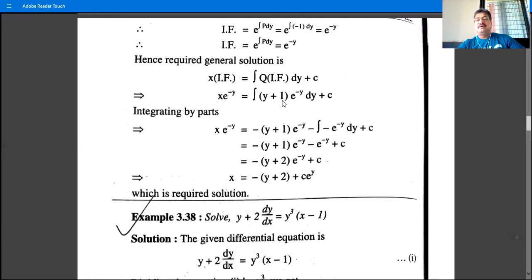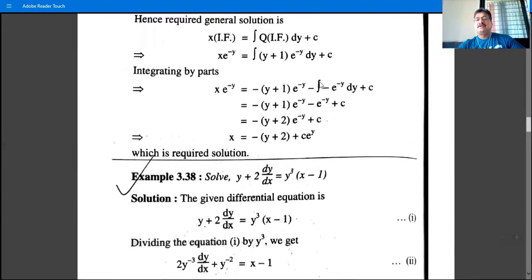So y plus 1, that is first, integration of second e raised to minus y, integration is e raised to minus y divided by minus 1, meaning minus e raised to minus y, minus integration of second, e raised to minus y, integration is minus e raised to minus y, derivative of first y plus 1, derivative with respect to y is 1, and then minus minus become plus, and again e raised to minus y, integration is e raised to minus y divided by minus 1, so here we have minus sign, and this is the answer.